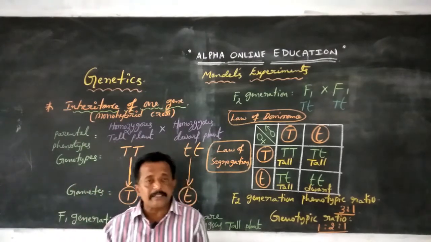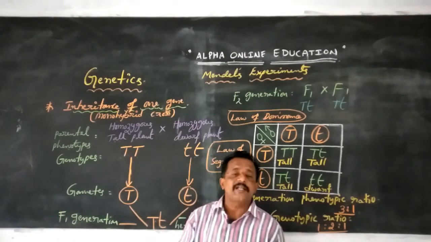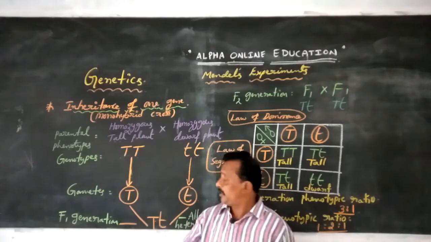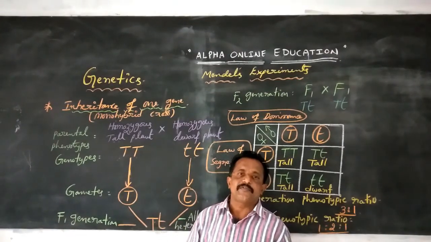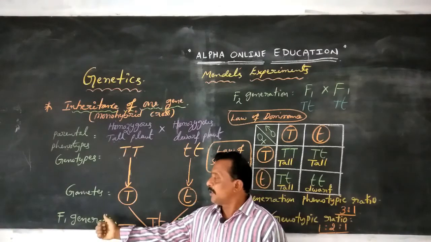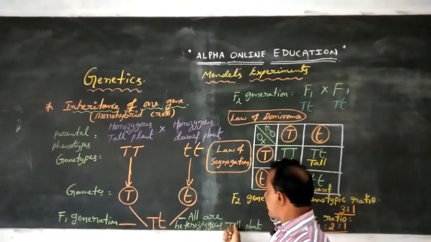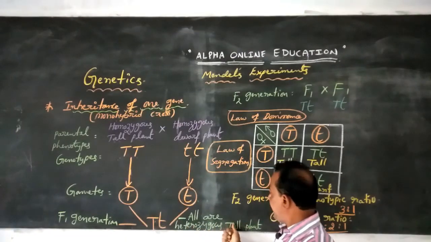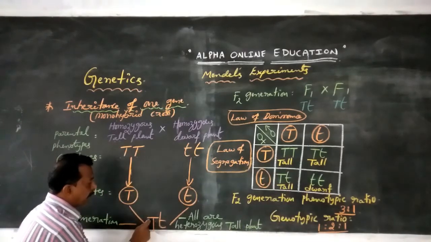So this capital T small t appears in the F1 generation, or first filial generation. The F1 generation plants are all phenotypically heterozygous tall plants, but genotypically capital T small t.